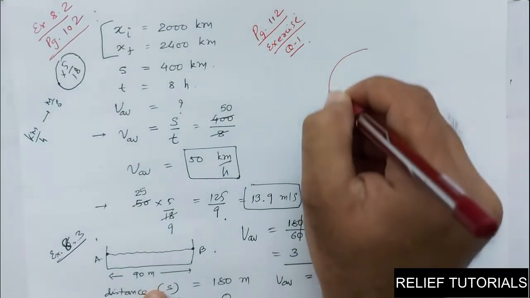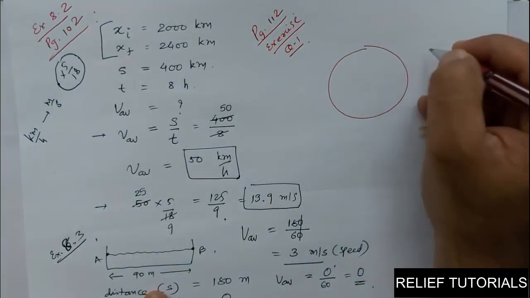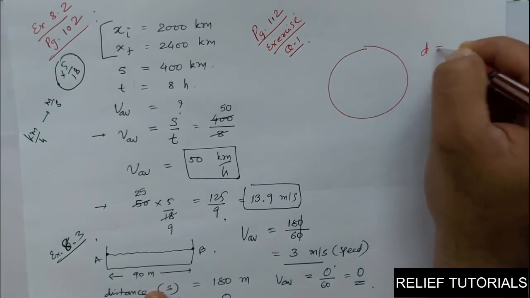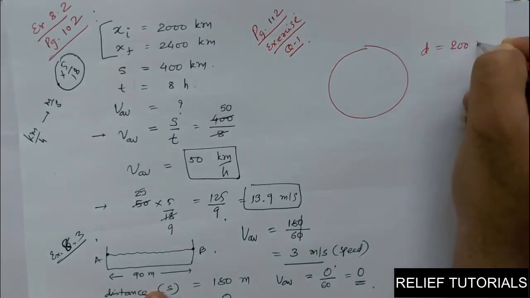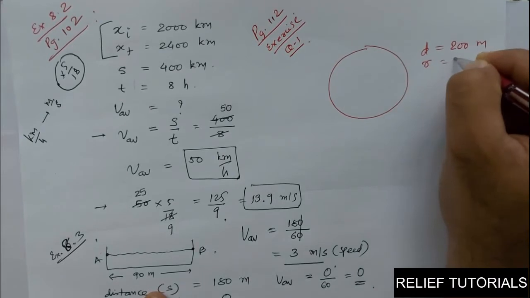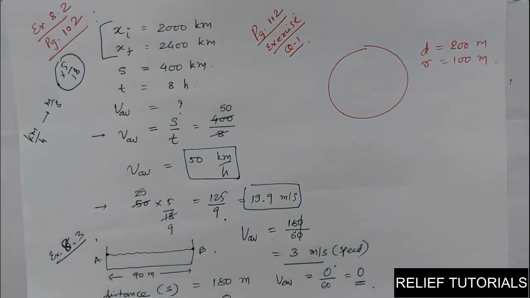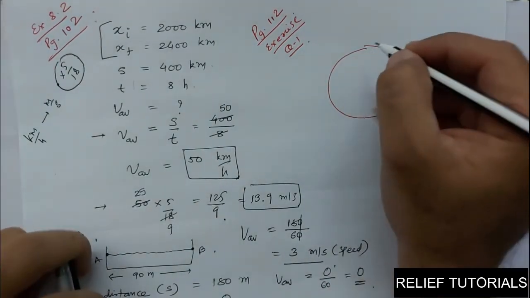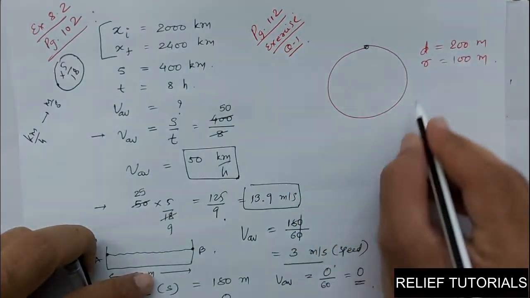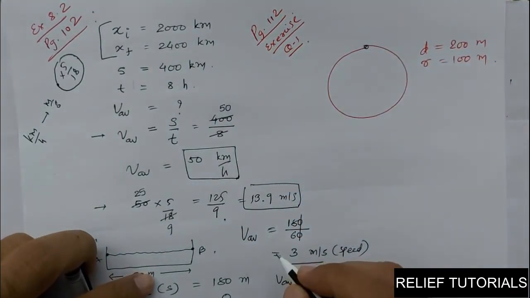So this is a circular track and the diameter for this track is given as 200 meter. So radius is 100 meter. So that athlete completes one circular round in 40 seconds.